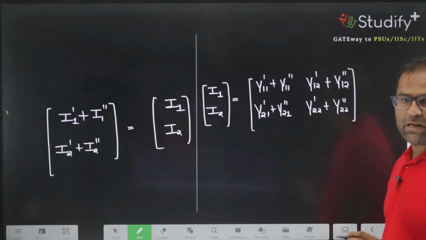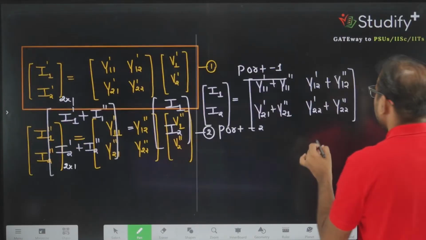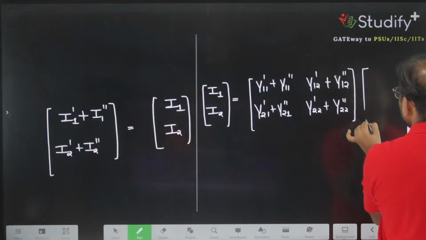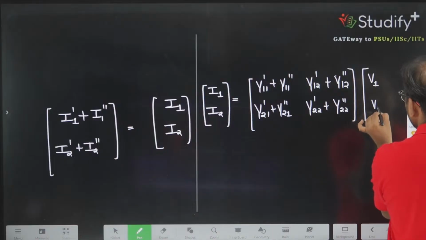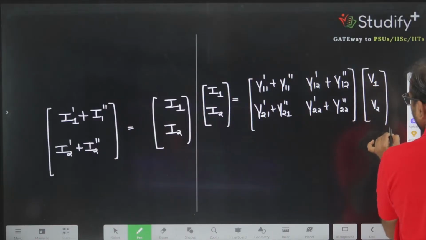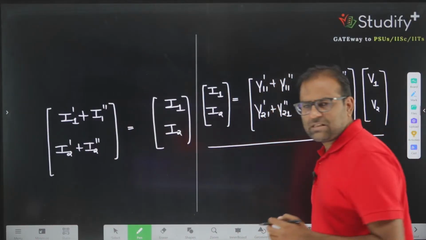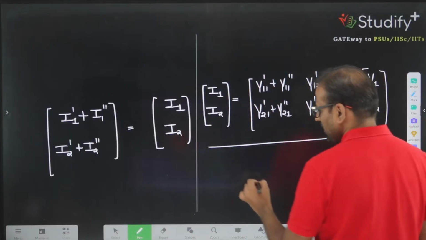This multiplied by what? This multiplied by V1 and V2.